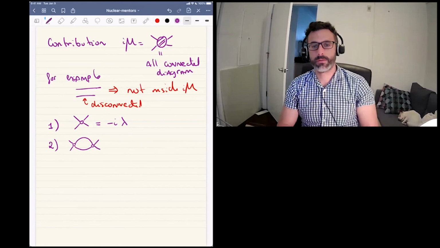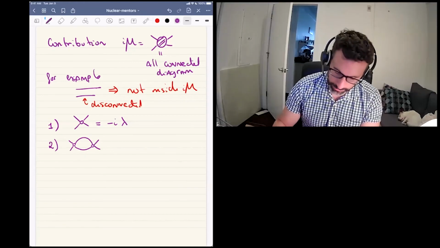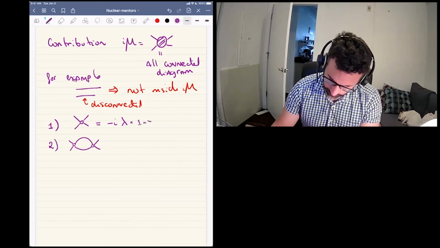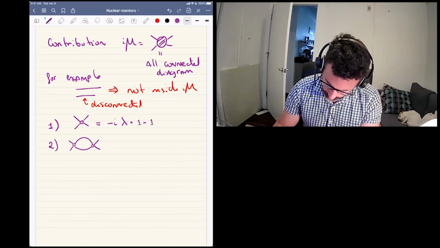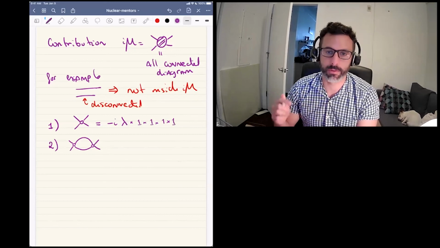So I'm going to do this example. Yeah, Harshit. We have to add one for each external leg. Yeah, it's multiplied. So you would have 1 times 1. Very good question. So you just get a factor of 1 for each leg, and everything is multiplied.